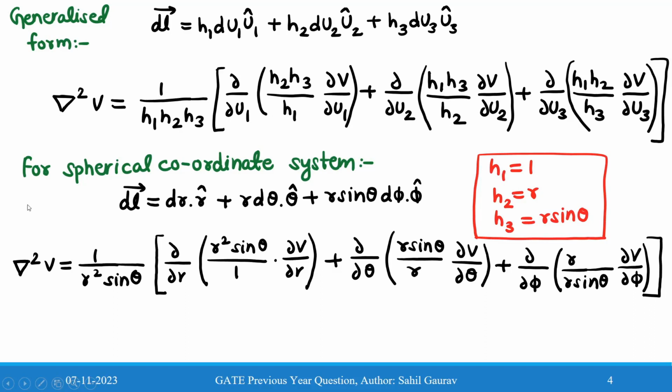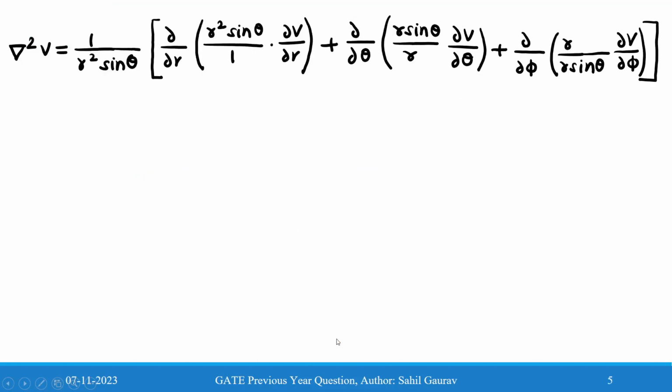Now for the spherical coordinate system, we correlate with the generalized coordinate system. So here h1 becomes 1, h2 becomes r and h3 becomes r sin theta. Now we put all these h1, h2, h3 in the generalized expression, and we get del square V for the spherical coordinate system. Now let us see the problem.